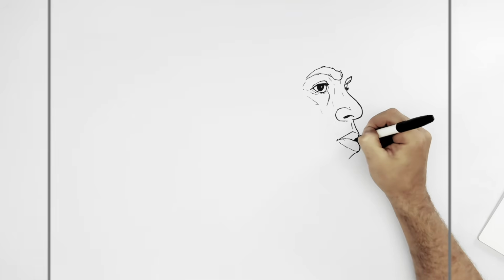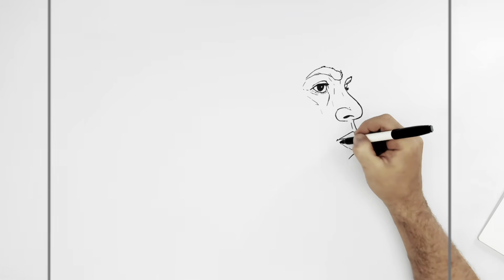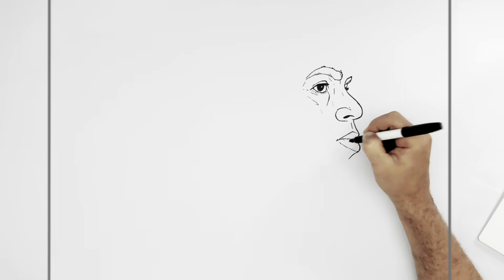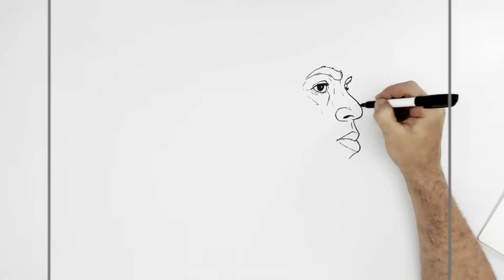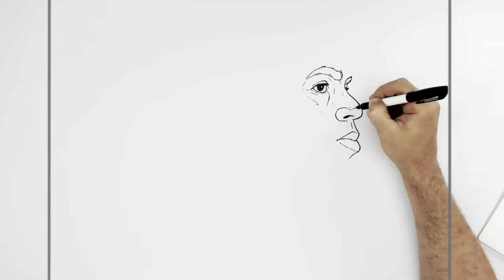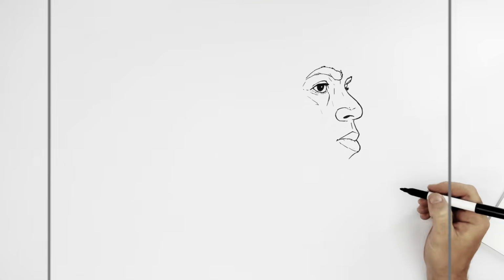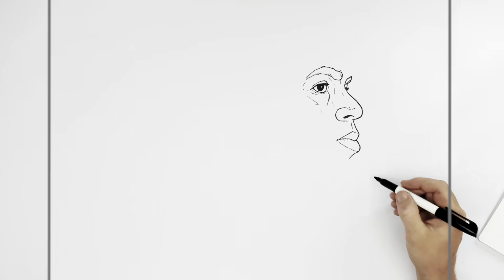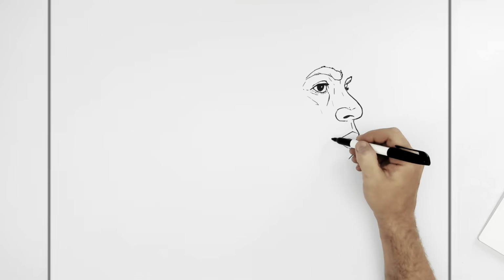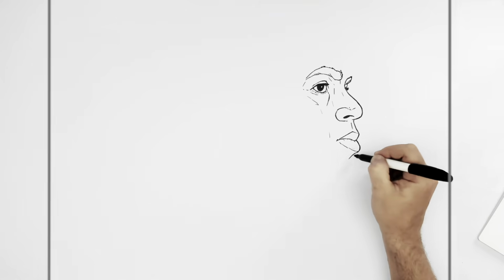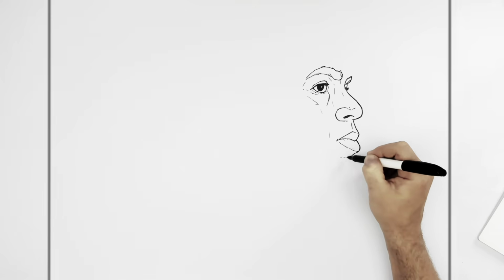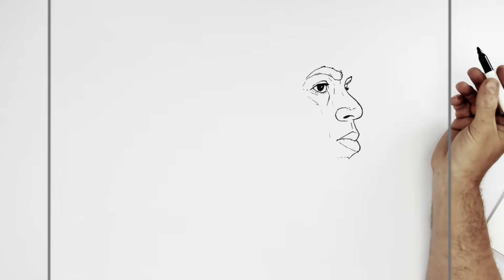You can even see skin lines on his lips, the bottom one particularly. He's got a big cheek. He's a young guy, so not much in terms of wrinkles or anything.